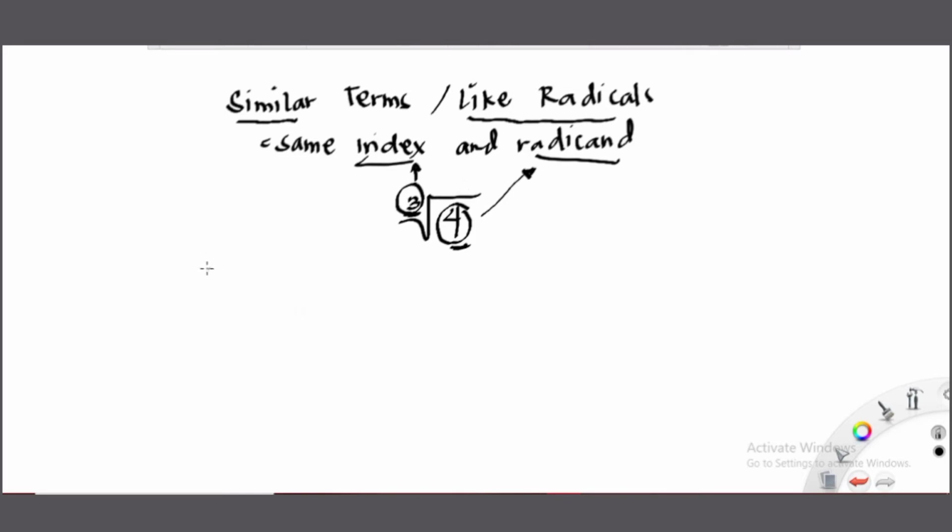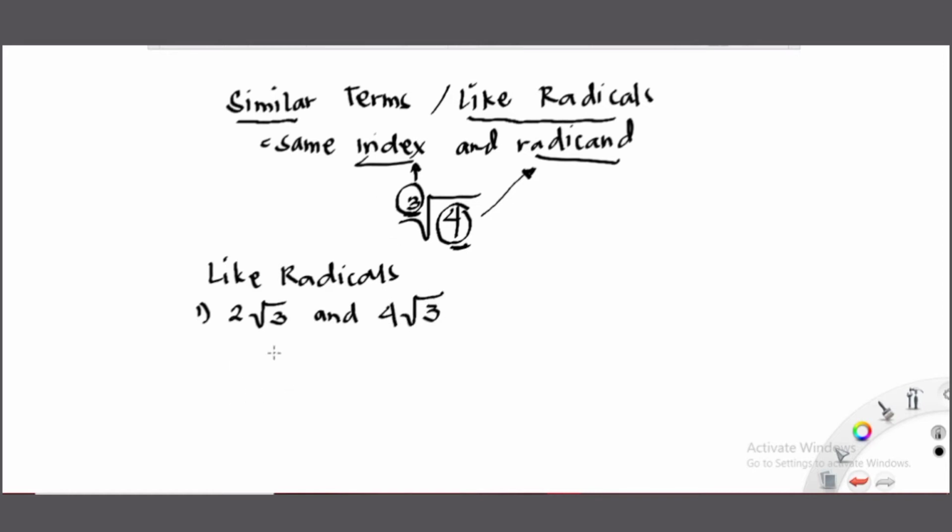Let's have examples of like or similar radicals. Let's say we have 2 square root of 3 and 4 square root of 3.